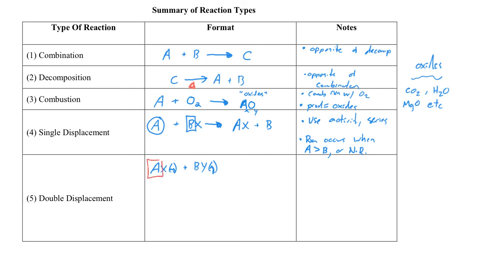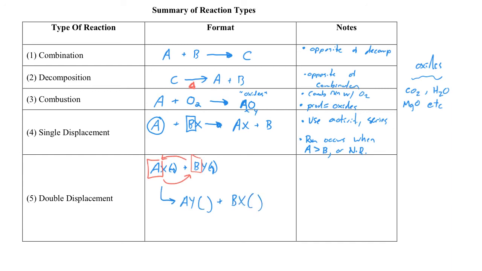So we have A and we have B, and these exchange. Okay, and that's what a double displacement is. So let's write out the hypothetical products for this example. Okay, we would have A, in this case, being with Y, and I'll put a little phase thing there and I'll leave it empty. And then we're going to have B with X, and I'll leave that empty.